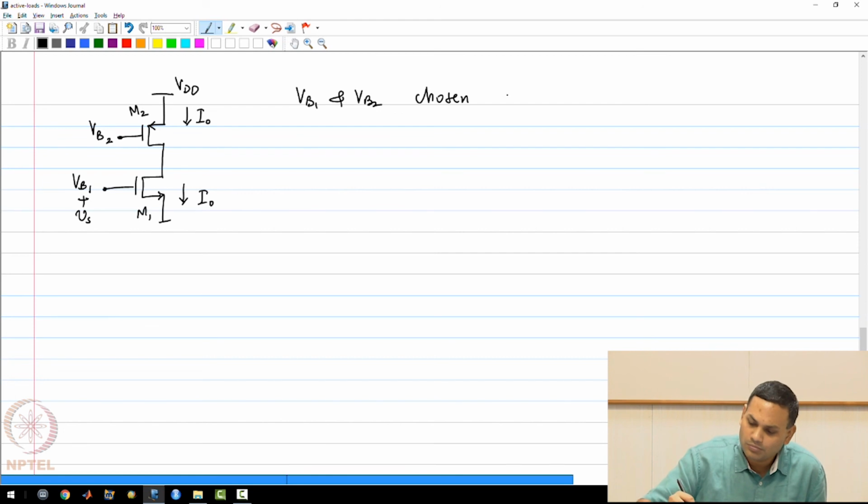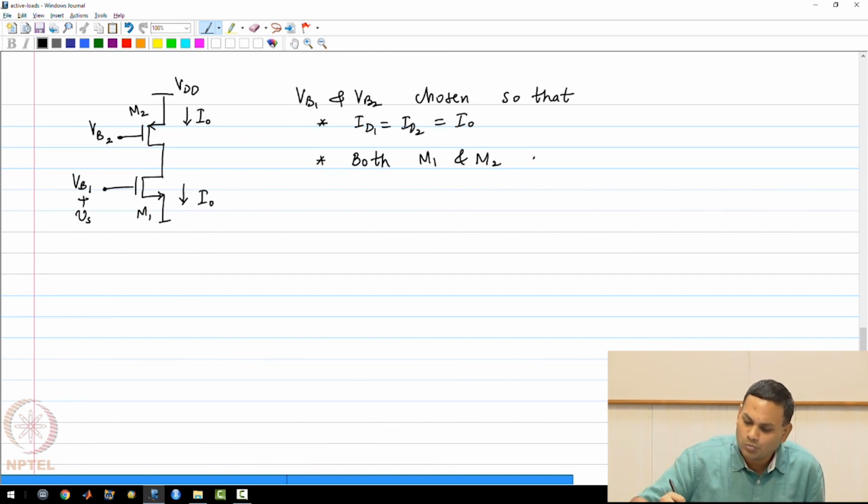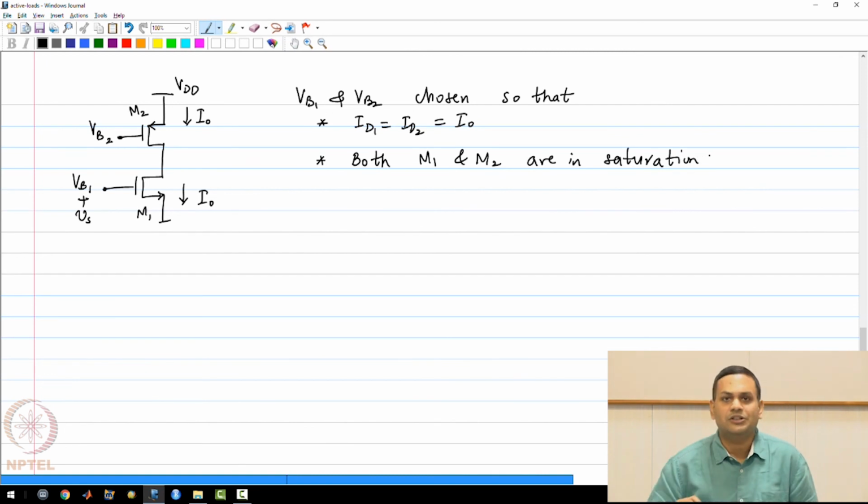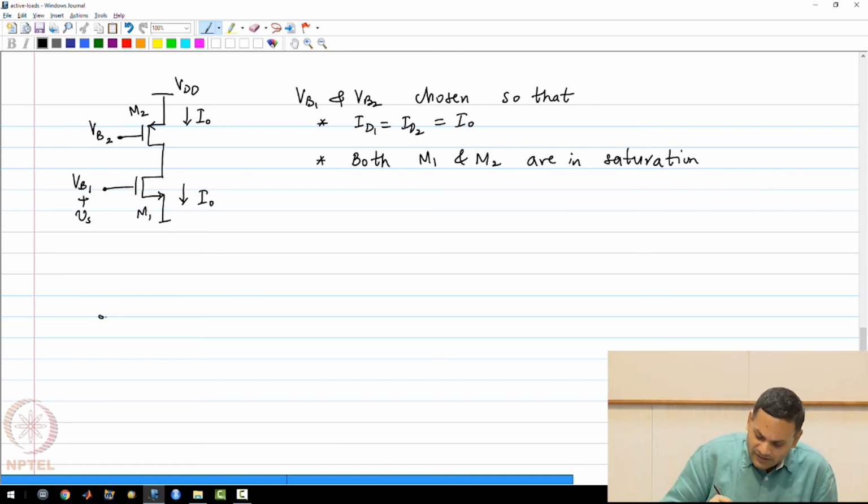I'll write it down. Both M1 and M2 are in saturation. This is a very important condition, as you will see. So you need to choose VB1 and VB2 very carefully. Now let us draw the small signal equivalent circuit.